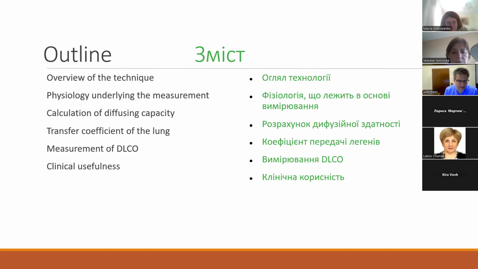The rest of the stuff, memorizing which diseases are associated with what, all naturally follows from the physiology. So they're not really as important as understanding how it works. So we'll talk about the calculation of the diffusing capacity, the transfer coefficient of the lung, the measurement of the DLCO, and the clinical usefulness of it.